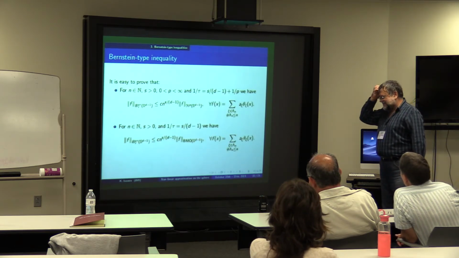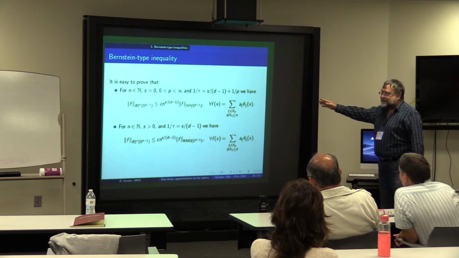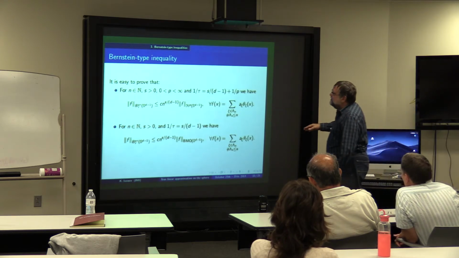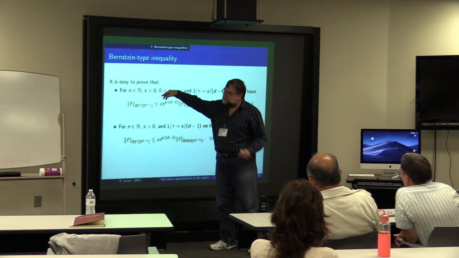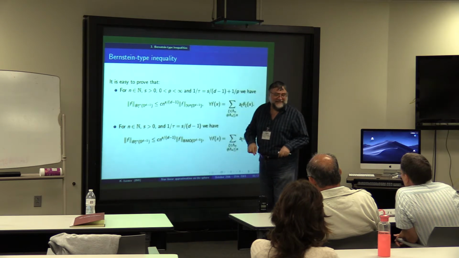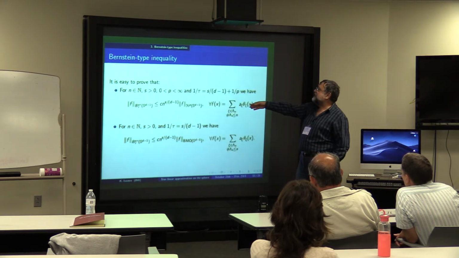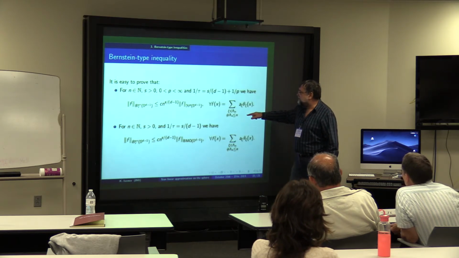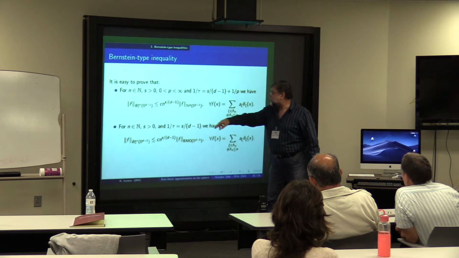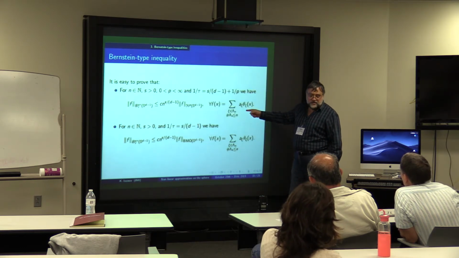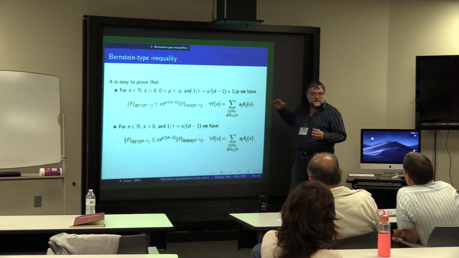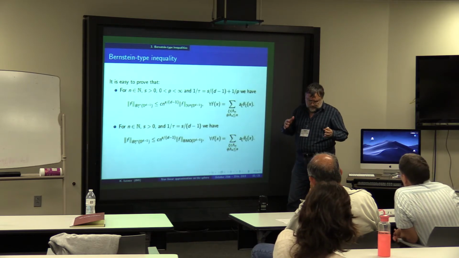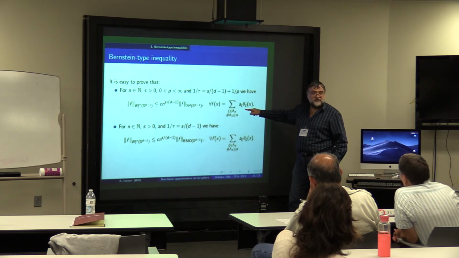Bernstein type inequality. Two slides which are very easy. It is easy to prove, with question mark easy, but it doesn't matter. This Bernstein type inequality has the following specific things. Here, every function in the Bernstein type inequality is a linear combination of the frame elements of the translation of the Newtonian kernels. These are thetas here.